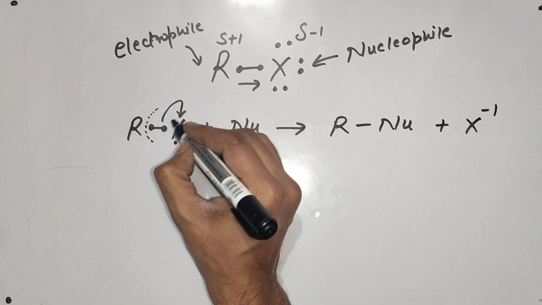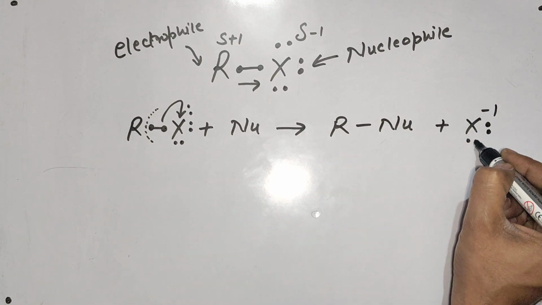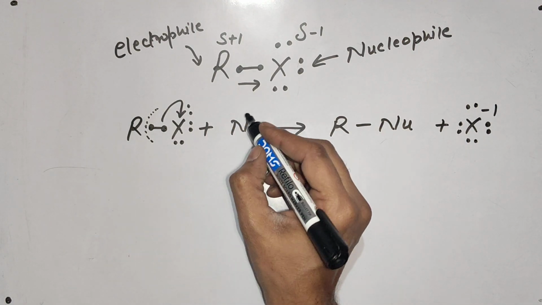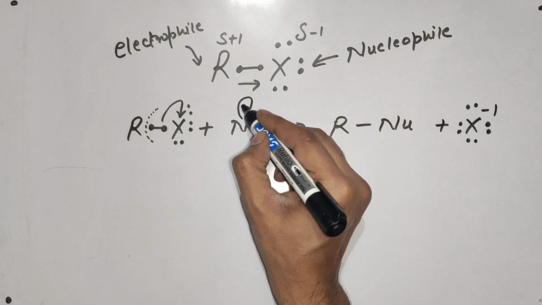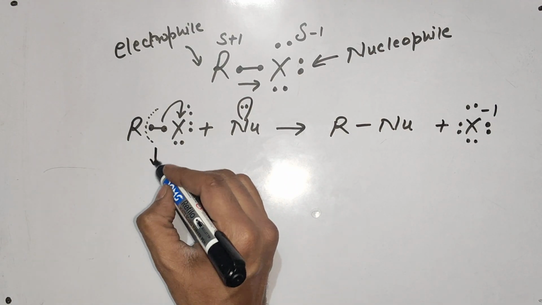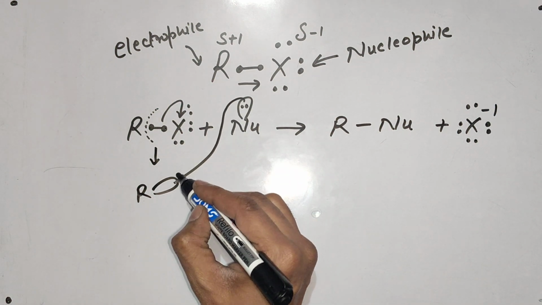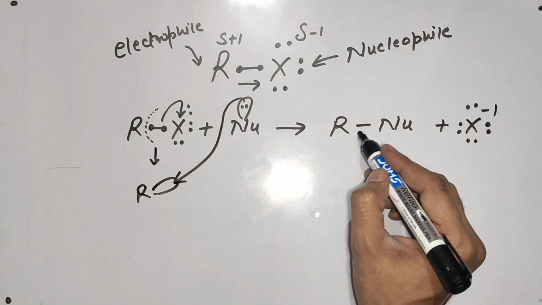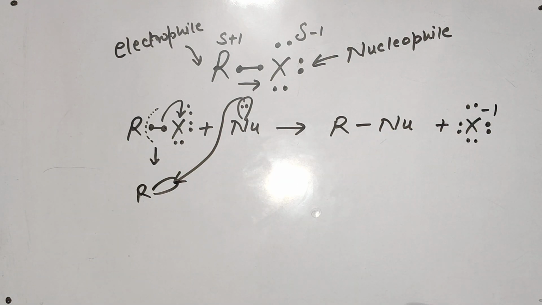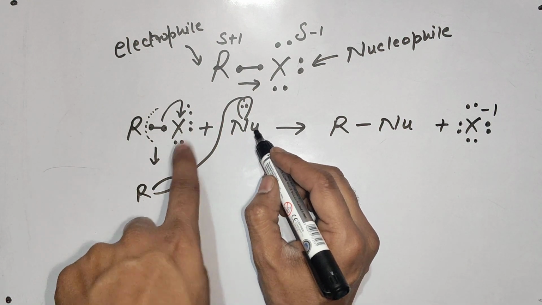Normally, when X is making a single bond, it is already carrying 3 lone pairs. After bond breakage, there will be 4 pairs. Nucleophiles have a lone pair for donation. When X takes the electrons from R, R will have a vacant orbital and the nucleophile can make a coordinate bond, and R and the nucleophile will join together. These reactions are known as nucleophilic substitution reactions. Here, this nucleophile is stronger as compared to X.